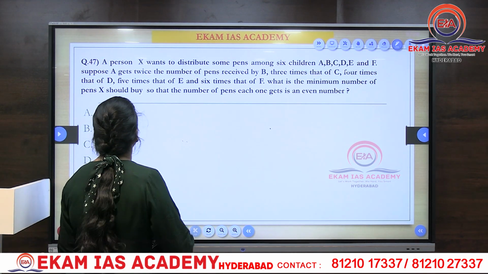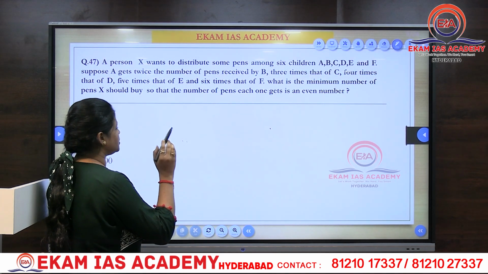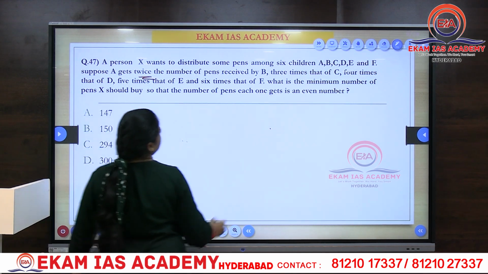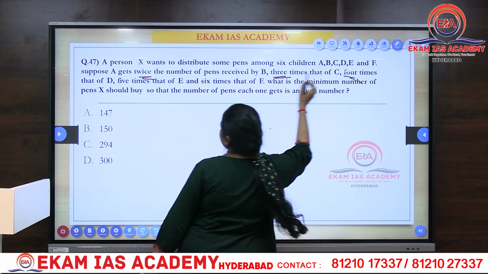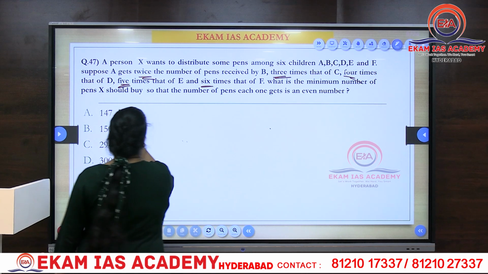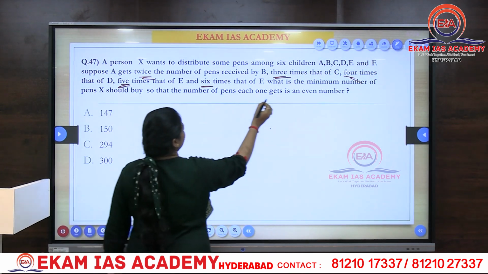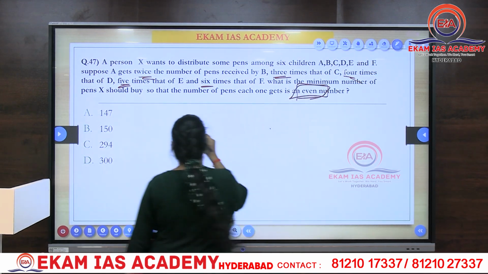Next question. A person X wants to distribute some pens among the 6 children A, B, C, D, E, F. Suppose A gets twice the number of pens received by B, and 3 times of C, 4 times of D, 5 times of E, 6 times of F, and the minimum number. So the number of pens each one should get is an even number.